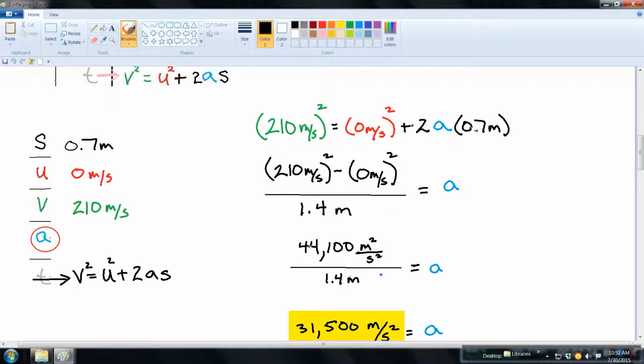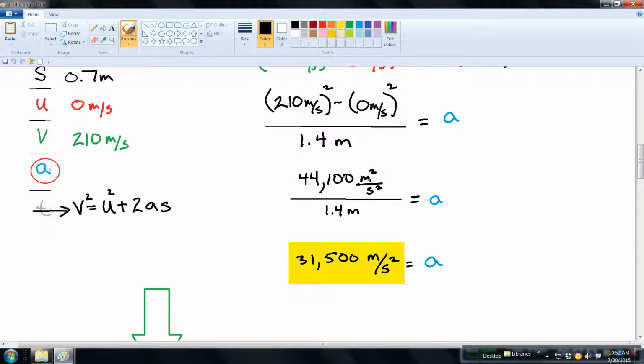So in this situation, we've got meters per second, that's squared, over seconds squared. So we've got those squared over squared, and then we've got meters on the bottom. And so the meters will cancel on the bottom, one of the meters will cancel on the top, and so we're left with meters per second squared.